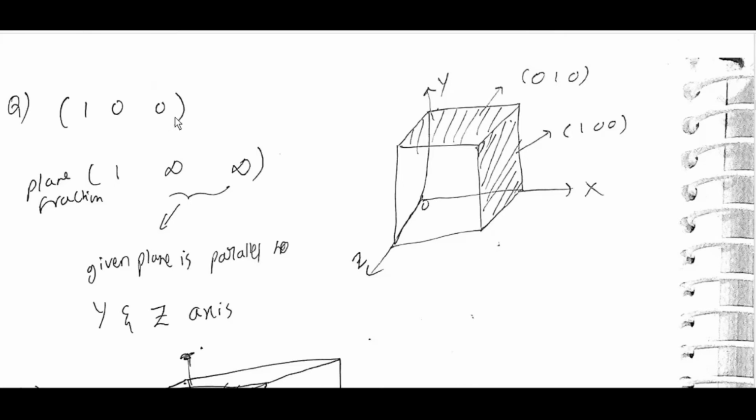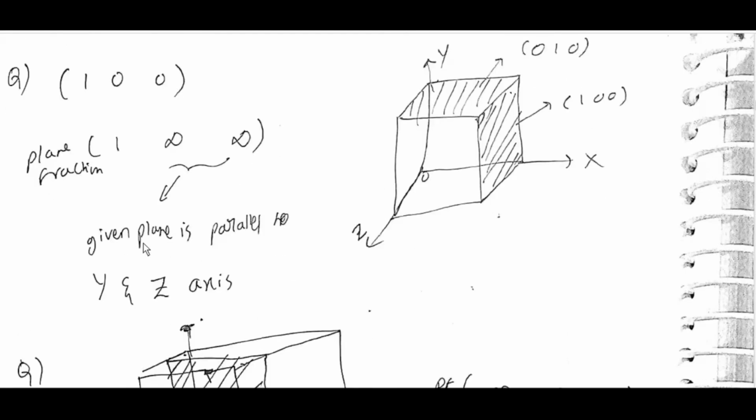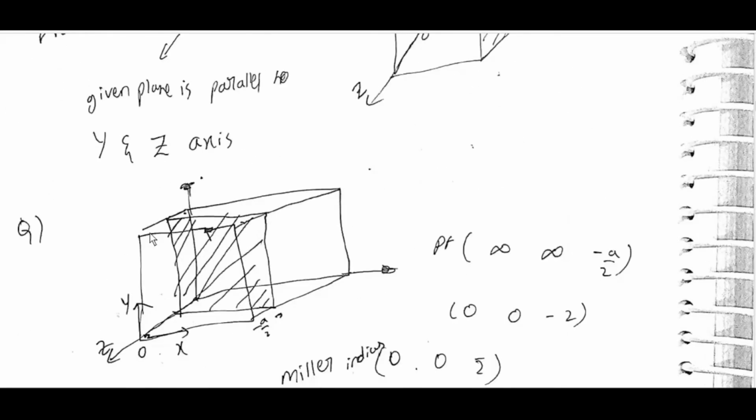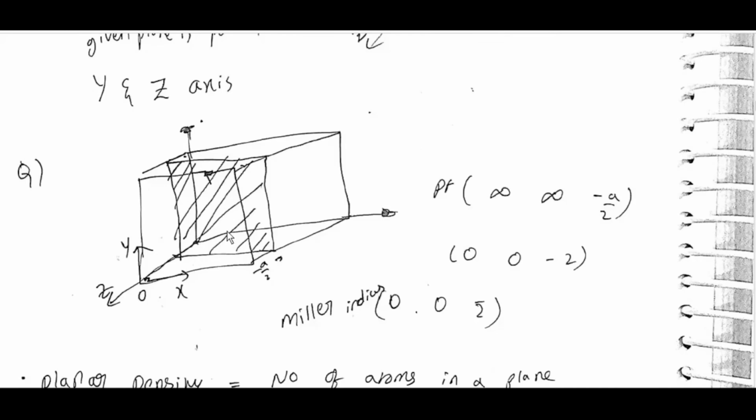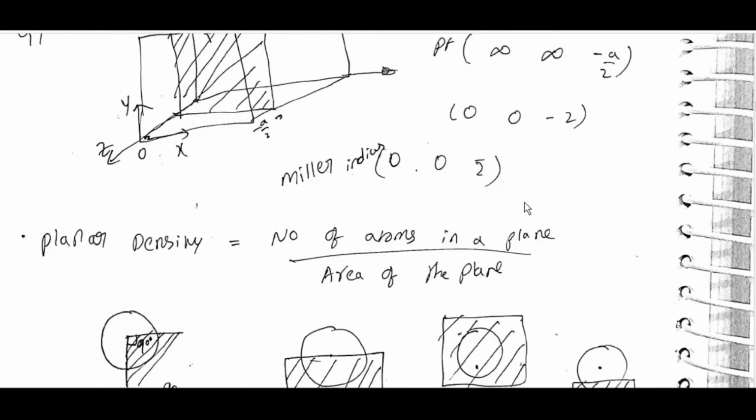For 1 0 0, the plane fractions are 1, infinity, infinity, so the given plane is parallel to the y and z axes. For the point infinity, infinity, minus a by 2, the reciprocals are 0, 0, minus 2, so the Miller indices are 0 0 2 bar.